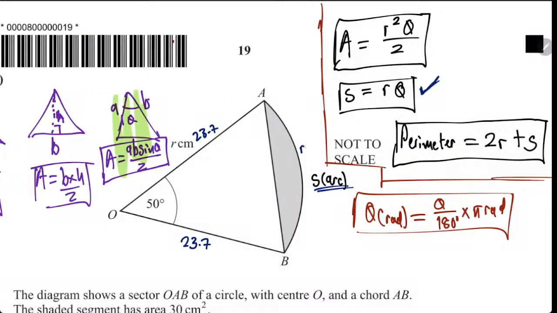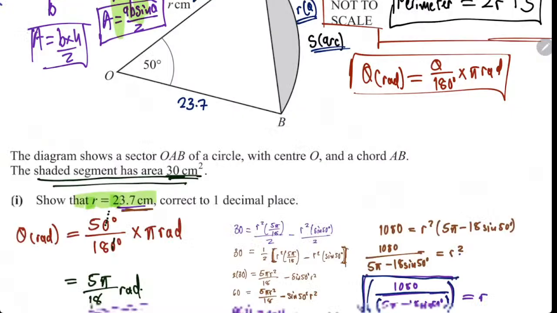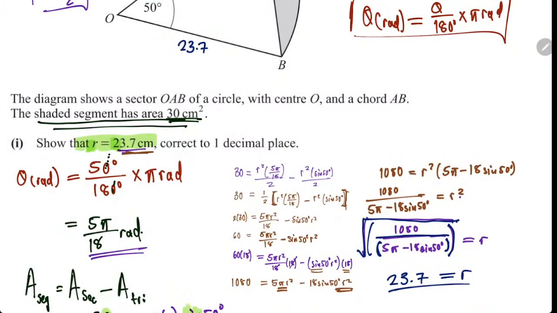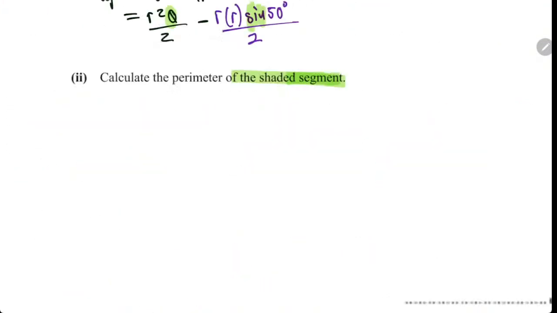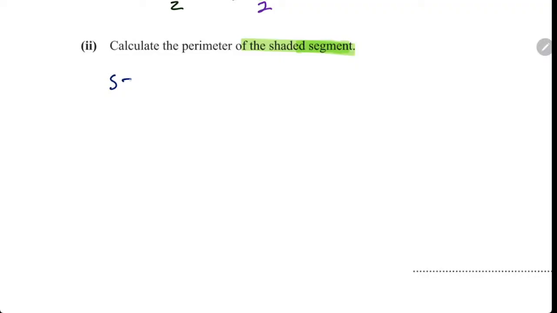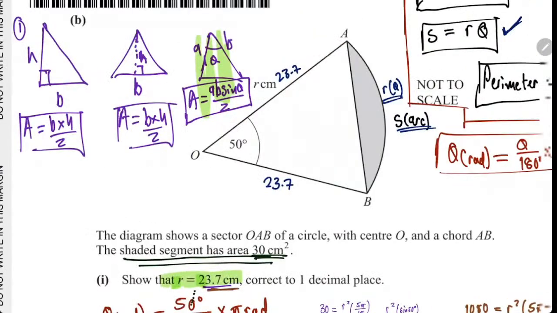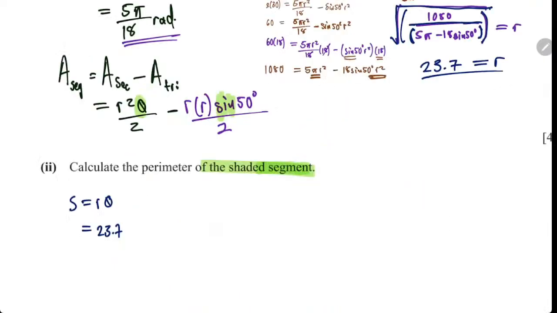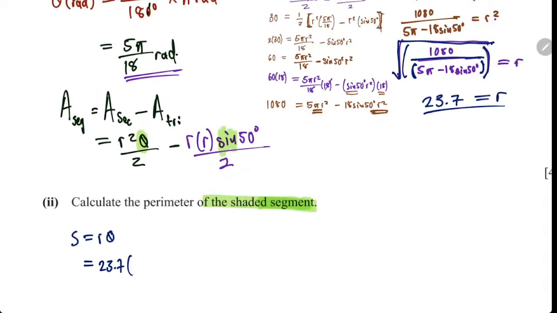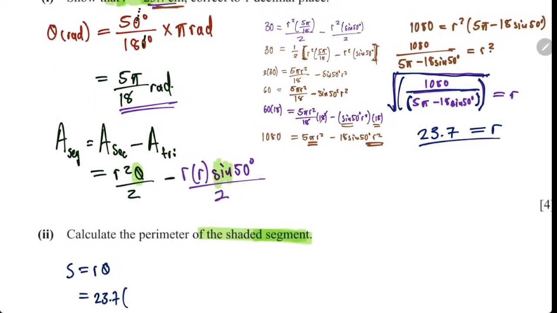So it's 23.7 by theta, which is not 50 degrees. You use the radians. So if you want perimeter, you first get S. S is R theta, which is 23.7. You use their answer, even if you didn't find 23.7. Use their answer, it's the correct one. By theta, which is by 5 pi over 18.